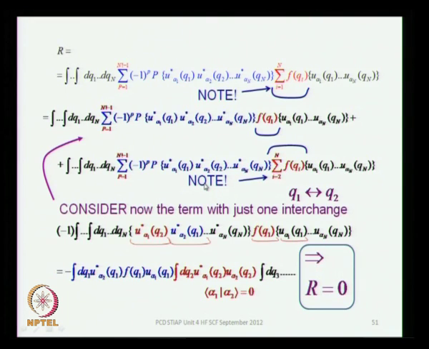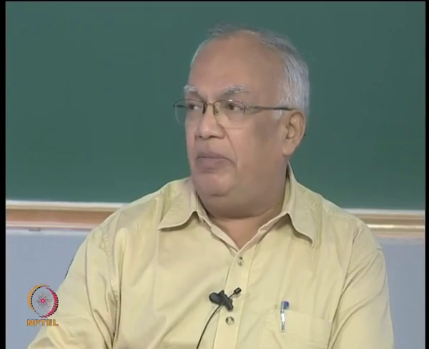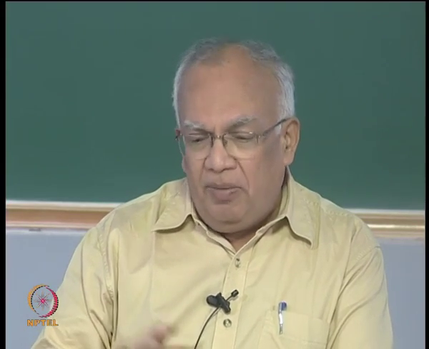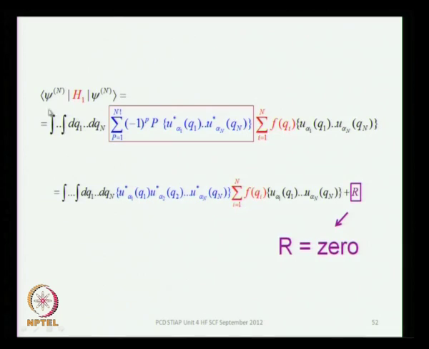You will be able to factor out one term and then find it being multiplied by an orthogonality integral, which you know at the outset will be 0. So, the remainder vanishes. What does it do to us? This whole complex expression that we had, which we factored into this and a remainder, we have the remainder going to 0 and we have only this term to work with. That is a lot of simplification now.